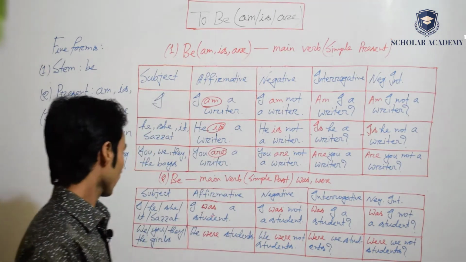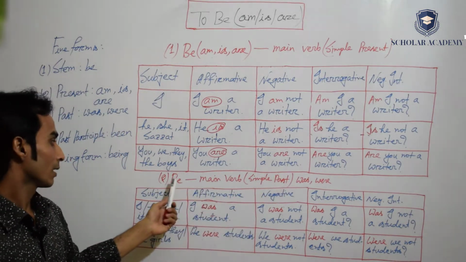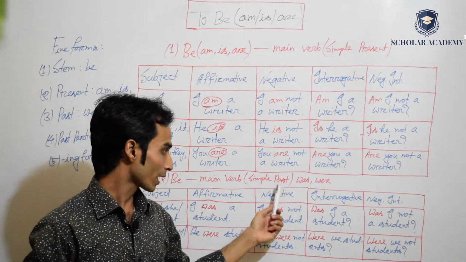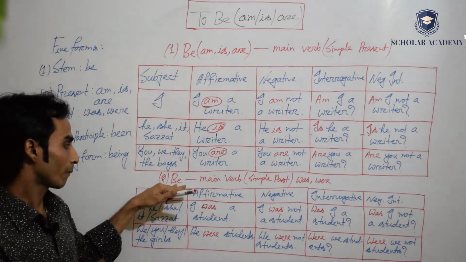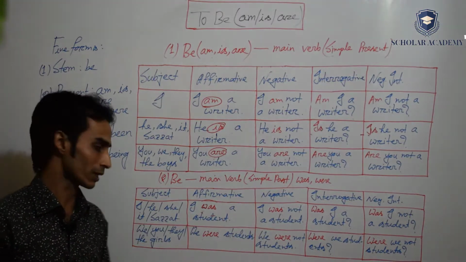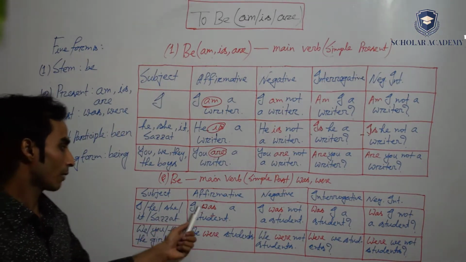Okay, so number 2, be as main verb, simple past: was. That means be is used as a main verb in the simple past tense, and the past form of be will be was, were. So when can we use it? If the subject is I, he, she, it, or a singular subject, we will have to use was.